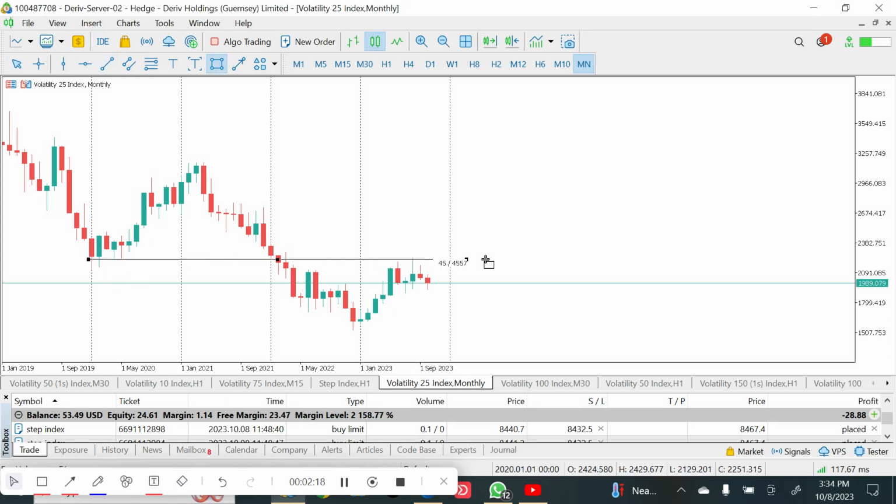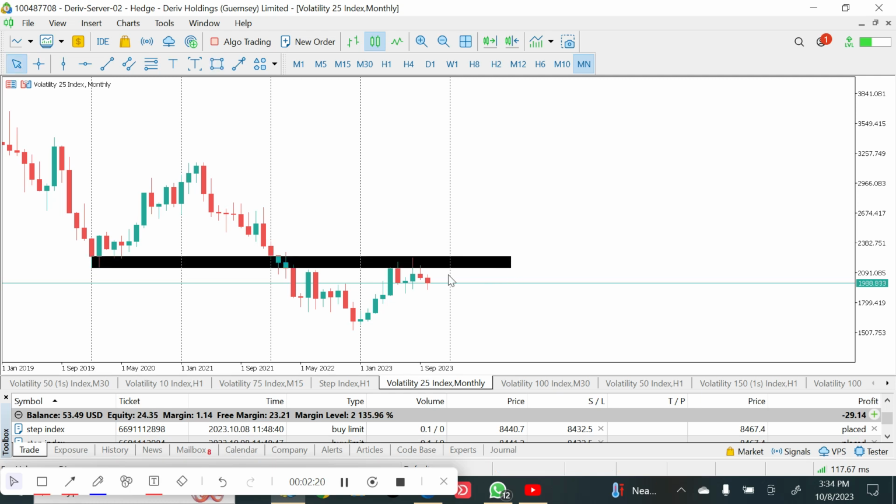From here, I'm marking my area of support. Previously this area was an area of support which got broken right here, and price attempted to come back to retest it, and it has been successful. This is an impulse, then a retracement, a very strong impulsive move, and we are getting a retracement.